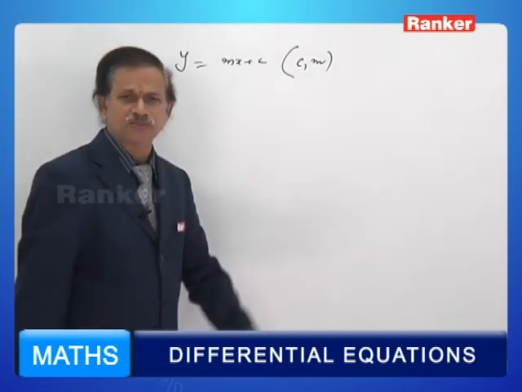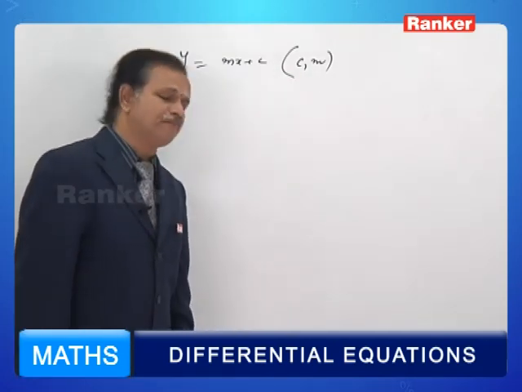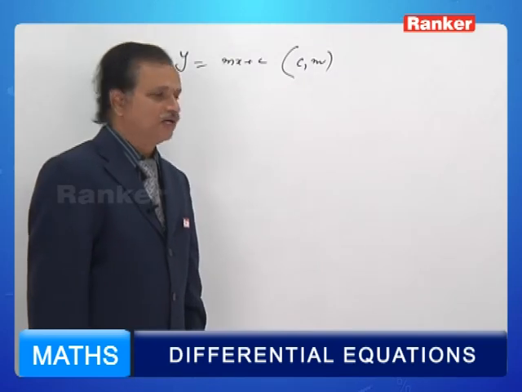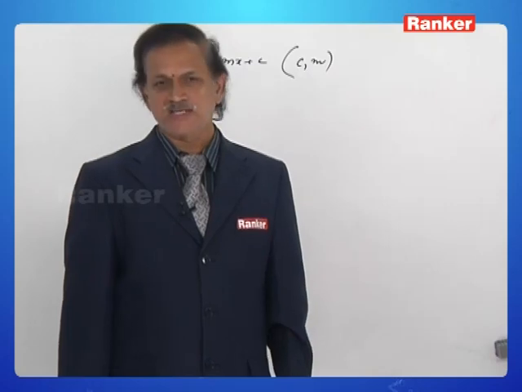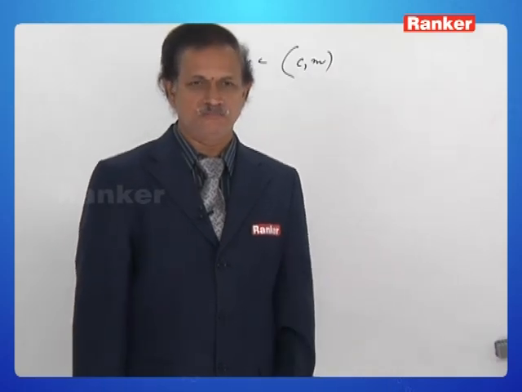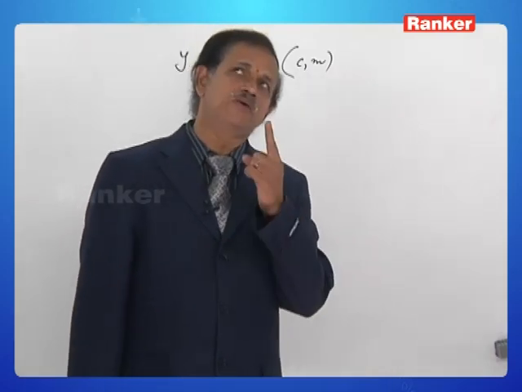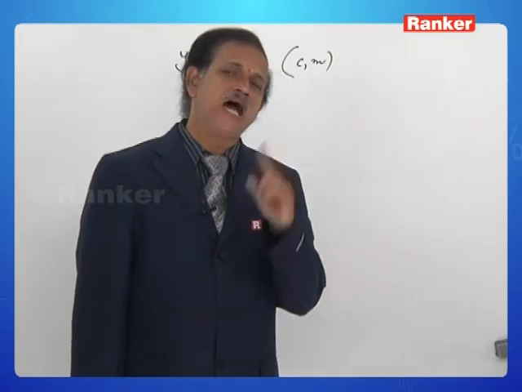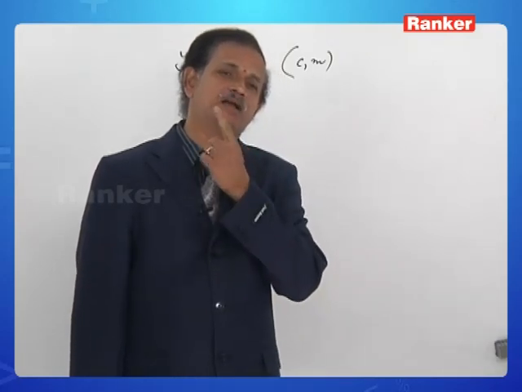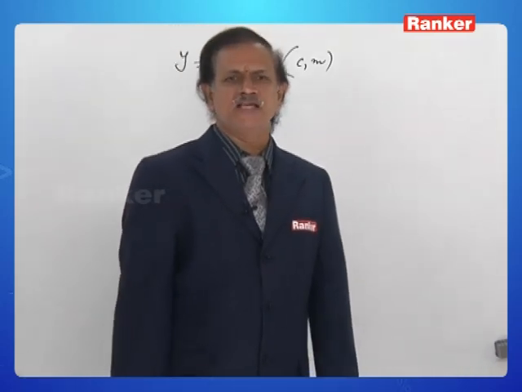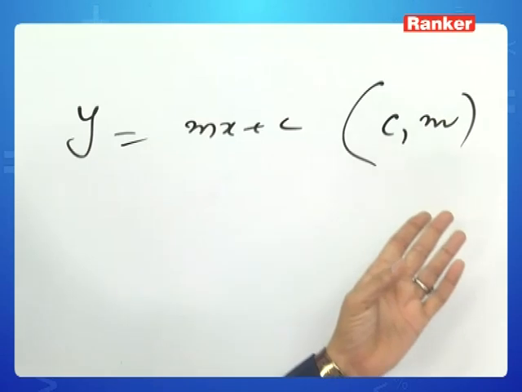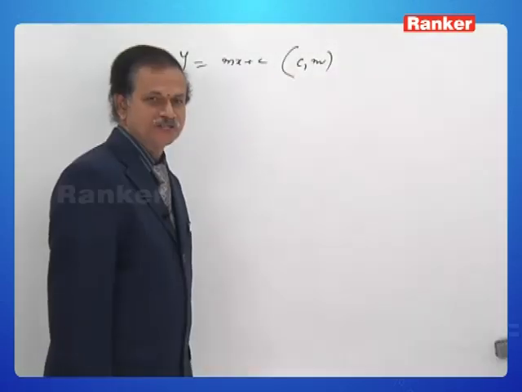He gives it, of course. In some problems, he may not give you. Suppose, what is the differential equation of the family of all circles centered at origin? We know that x square plus y square is equal to r square. r is the parameter there, the arbitrary constant. You eliminate that. In most cases, he gives the constants which are to be eliminated.